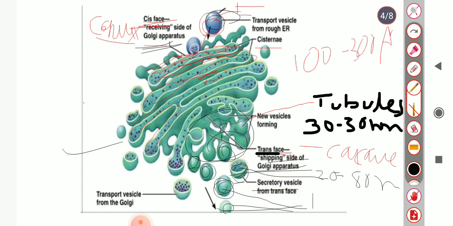And it releases secretory vesicles. Secretory vesicles are further divided into two types: rough or coated, and smooth secretory vesicles. This is all about the structure.